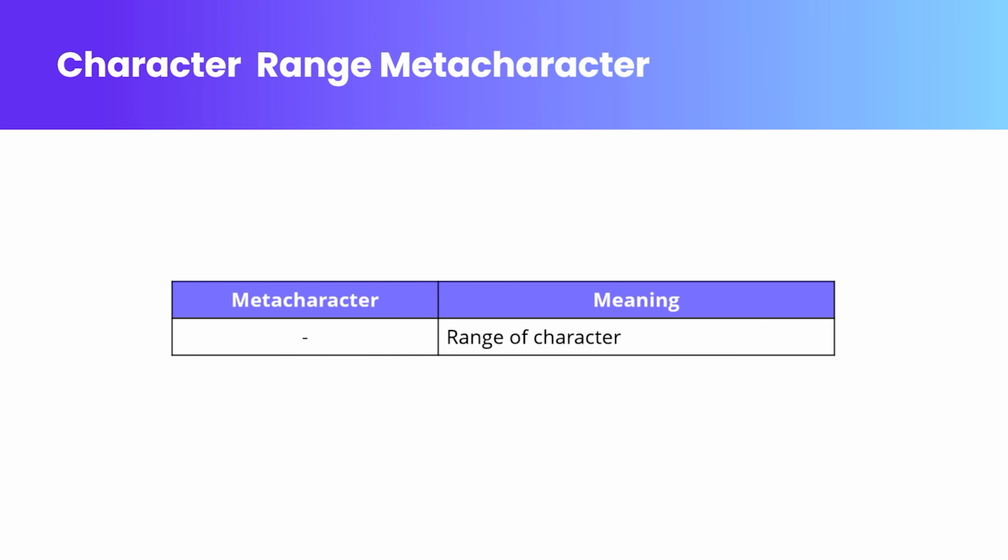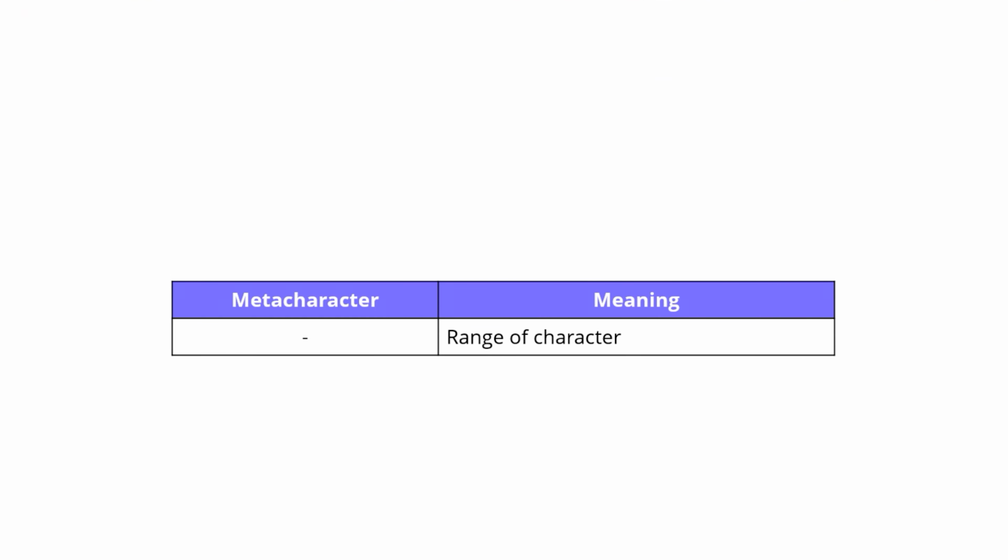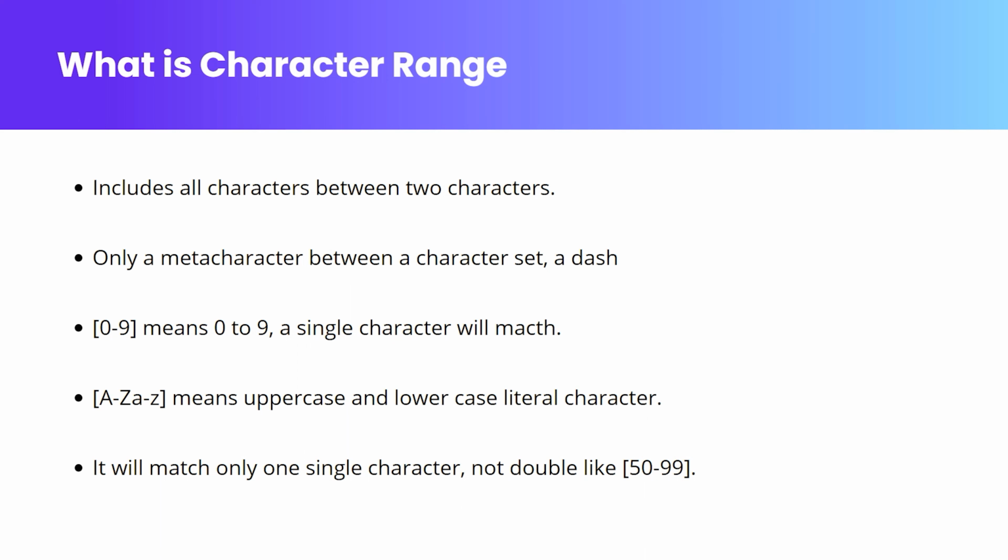It is represented by a dash, and it includes all characters between two characters, and it is a meta character only inside a character set. Keep in mind that it matches only single characters. If you want to find 0 to 9, it will find only a single character, but if you want to find 50 to 99, it will not match.